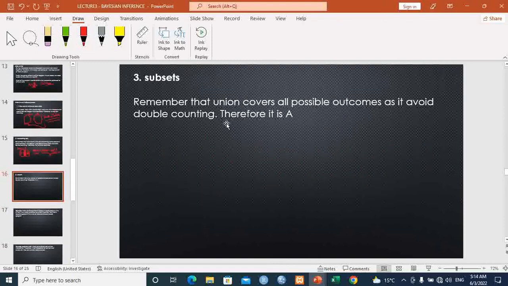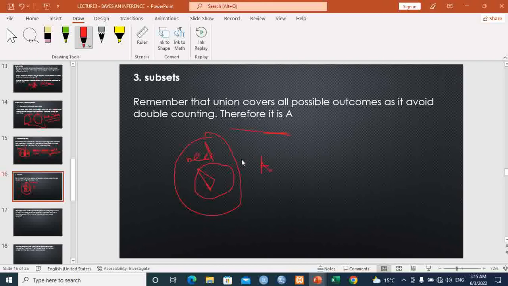Then the next one, we are going to have subsetting, where we have red card and we have diamond. This is A, this is B. A union B will be equal to, remember we avoid double counting and we want to make sure all preferred outcomes of both sets are covered.